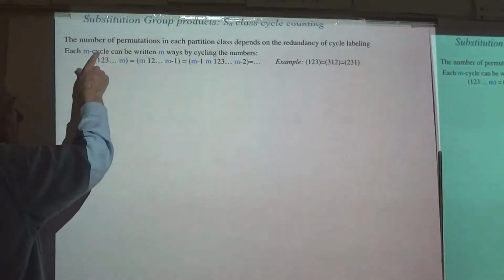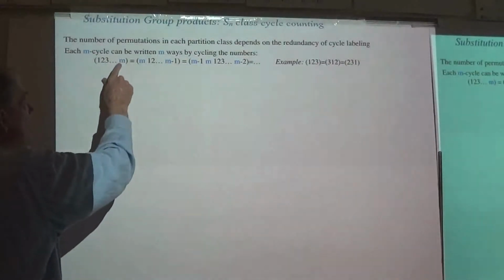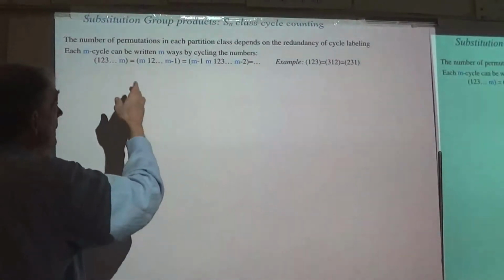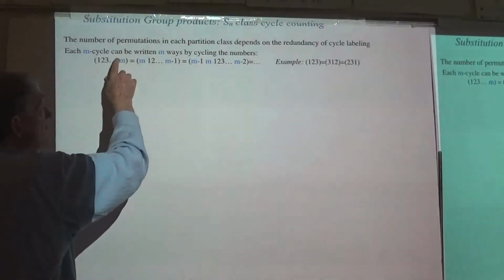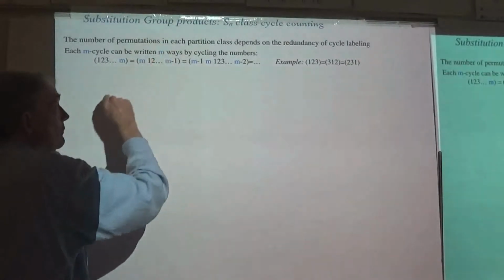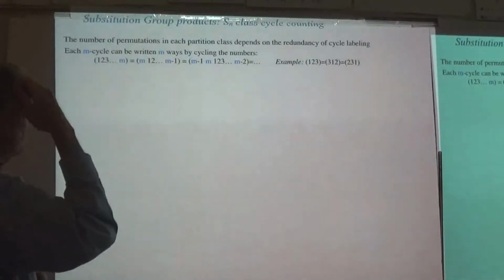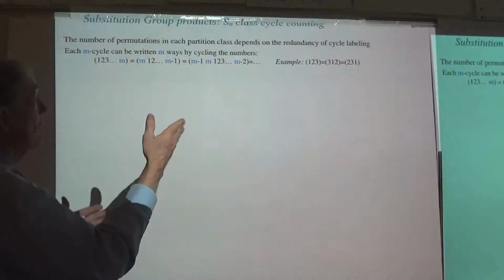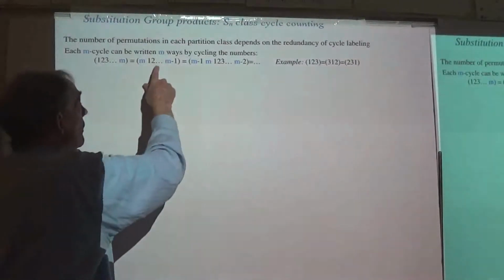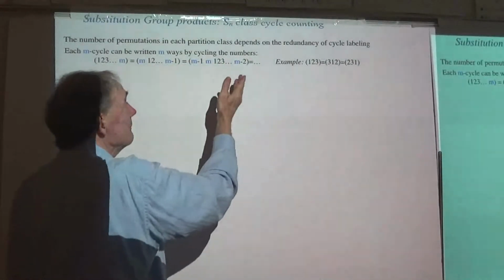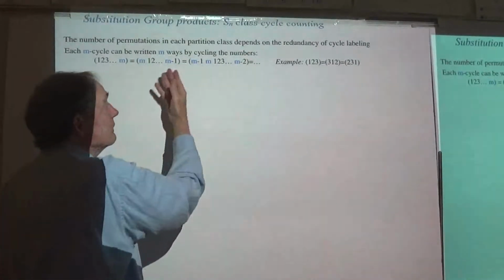What we have here is a bunch of cycles, and let's just pick out a particular M cycle. It goes 1, 2, 3, up to M, okay? And what you notice about an M cycle is it can be written M different ways. We saw the tri and the quadricycles being written 3 and 4 different ways that were all equivalent, all equal. So you're just pushing the ordering of 1, 2, 3 to M around the cycle.